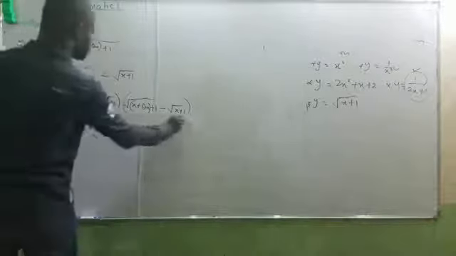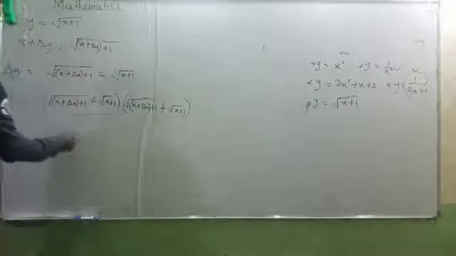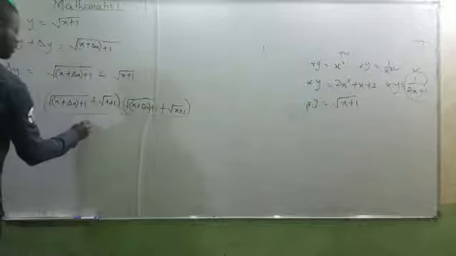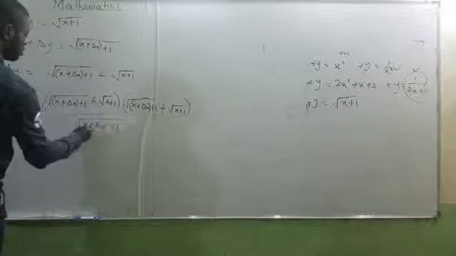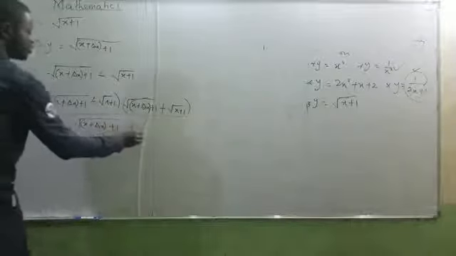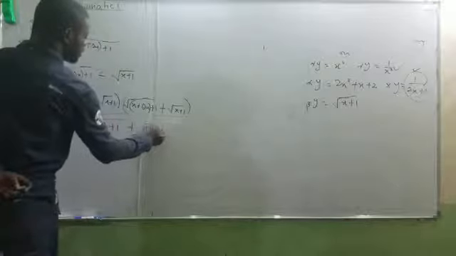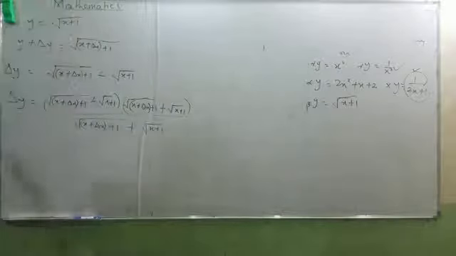The conjugate of this is root of x plus delta x plus 1 plus root of x plus 1, everything divided by the conjugate, which is root of x plus delta x plus 1 plus root of x plus 1. That is how to go about something like this.